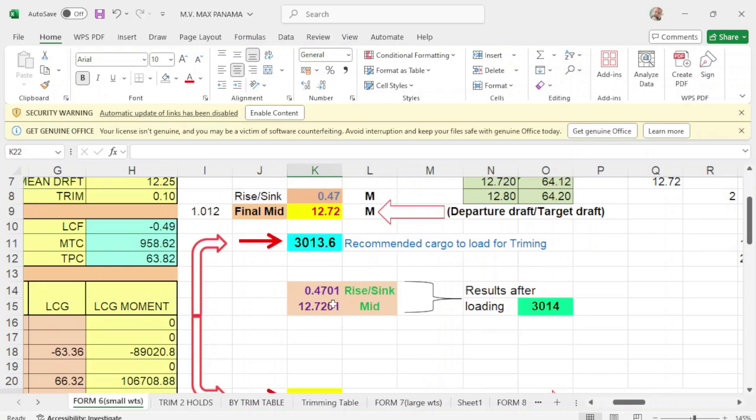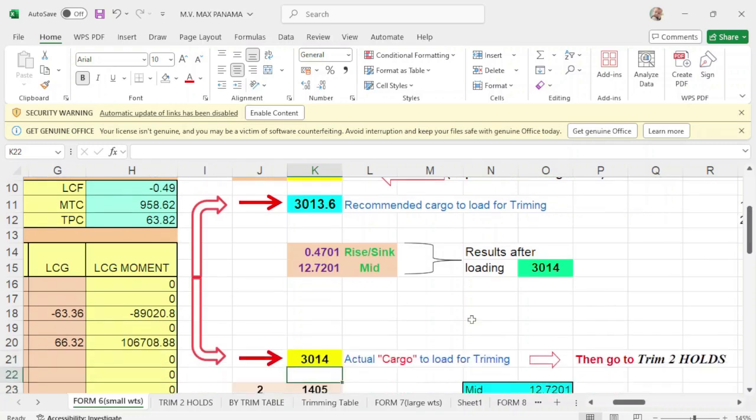You have only a difference of 0.0001, which is 13.6 metric tons. That's why you have 01. Once you have this figure, this will be the actual cargo to load for trimming of 3,014. Then it says here, go to trim holes 2.